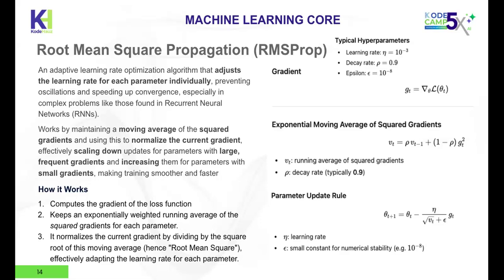That's it. So it kind of balances it out. It tries to balance it so that at least there's no parameter that stays without getting updated. So that's what RMSprop is.